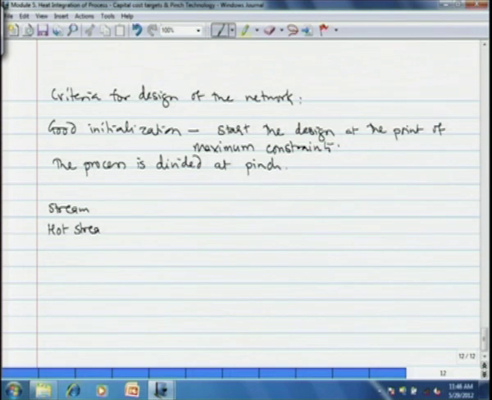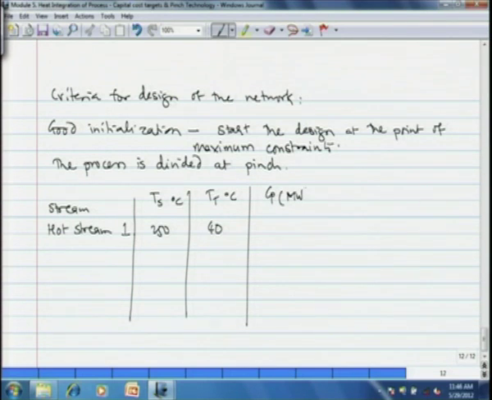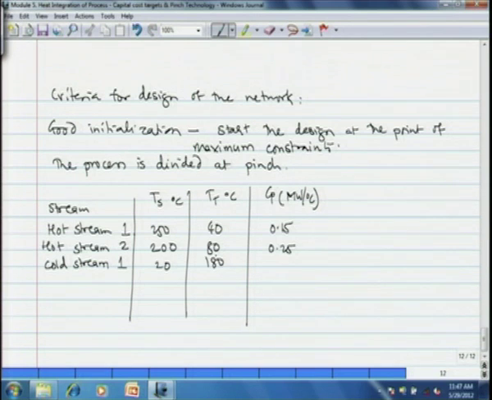Hot stream 1, supply temperature Ts 250 degrees centigrade, target temperature 40 degrees, heat capacity flow rate of 0.15, then hot stream 2, supply temperature 200, target temperature 80, Cp value 0.25, cold stream 1, supply temperature 20, target temperature 180, heat capacity flow rate 0.2, and then cold stream 2, supply temperature 140, target temperature 230, heat capacity flow rate 0.3.